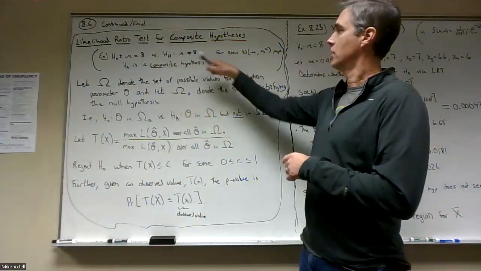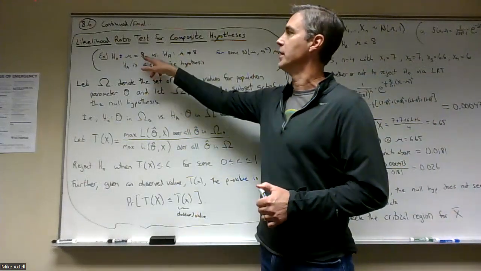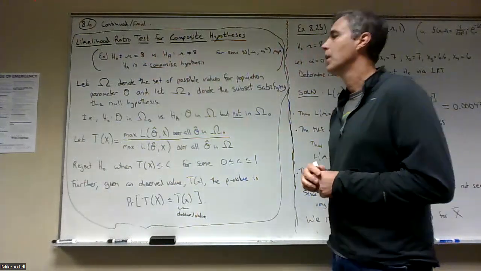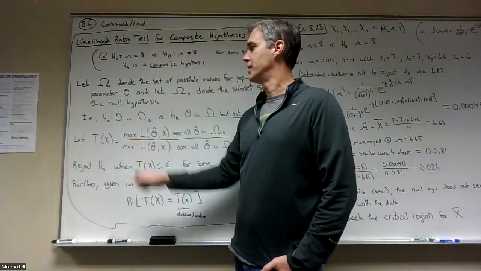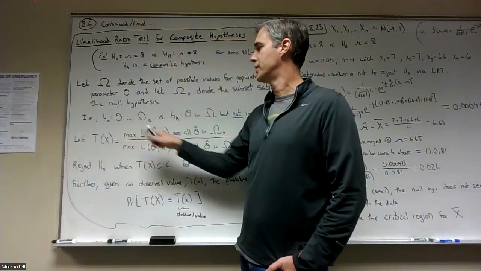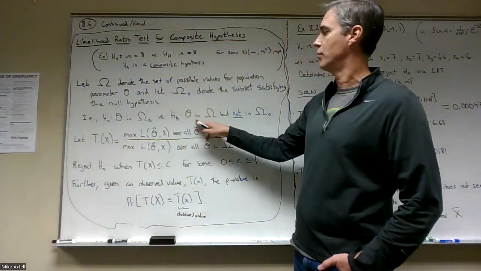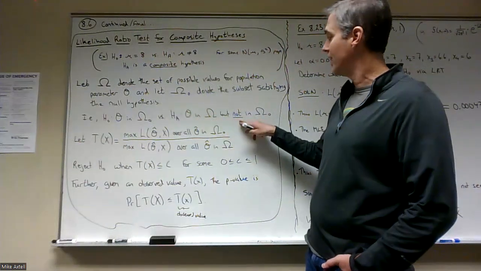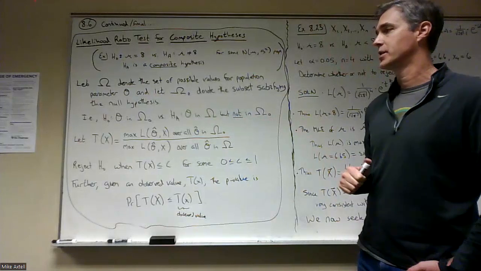In our little pseudo example up here, capital sigma sub 0 would just be the set consisting of the number 8, okay? All right, so in other words, the null hypothesis is that our parameter is in this set versus the alternate hypothesis is that our parameter is in the universal set, the set of all possible values, but not in capital sigma sub 0. It's not in the null hypothesis.